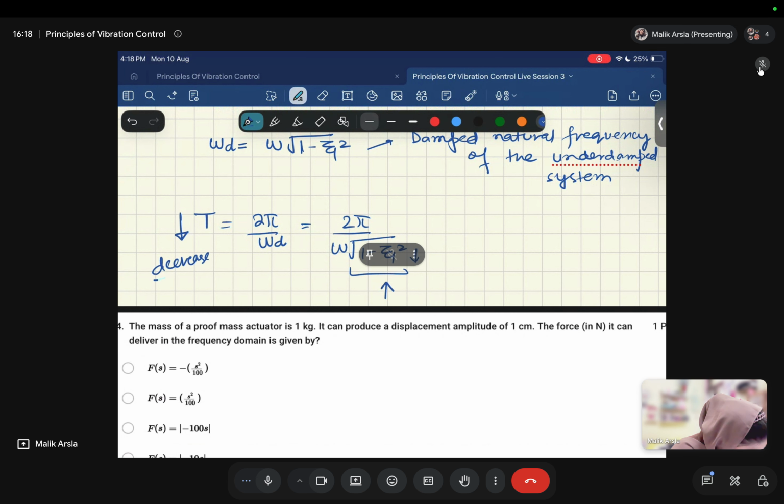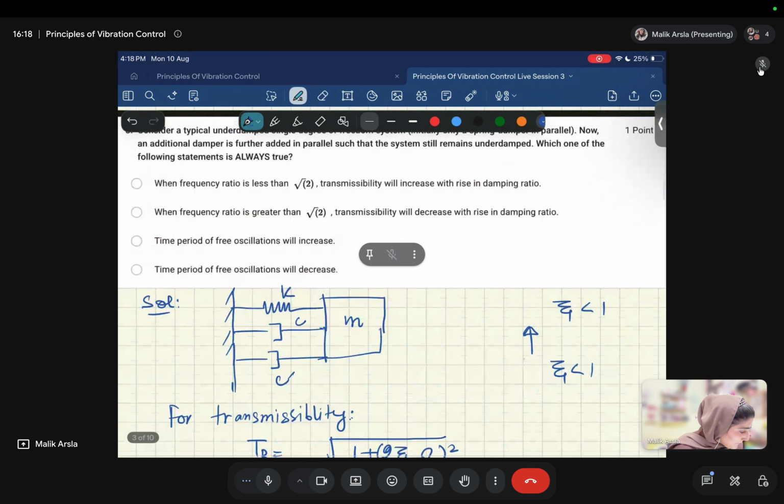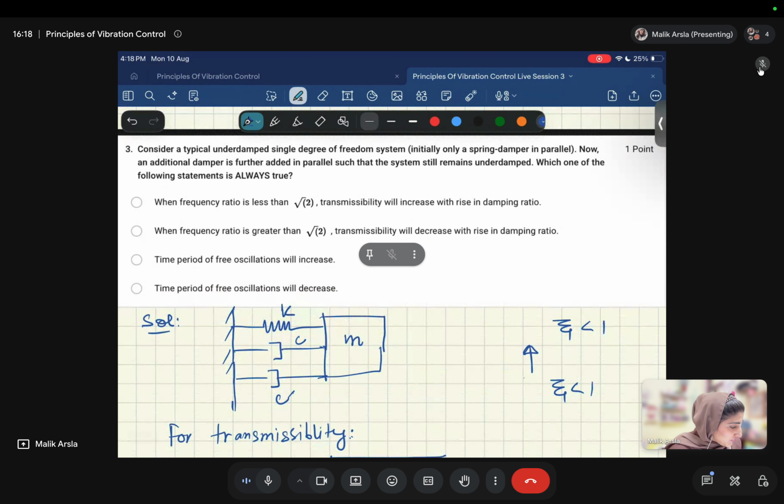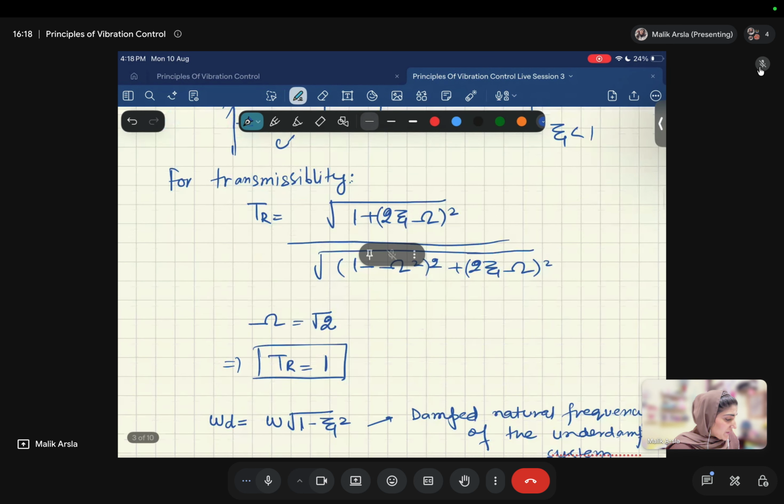So the time period of oscillation should essentially decrease here. That is the third option, so this option will be true. The fourth option is then obviously incorrect, so the third will be our correct option.